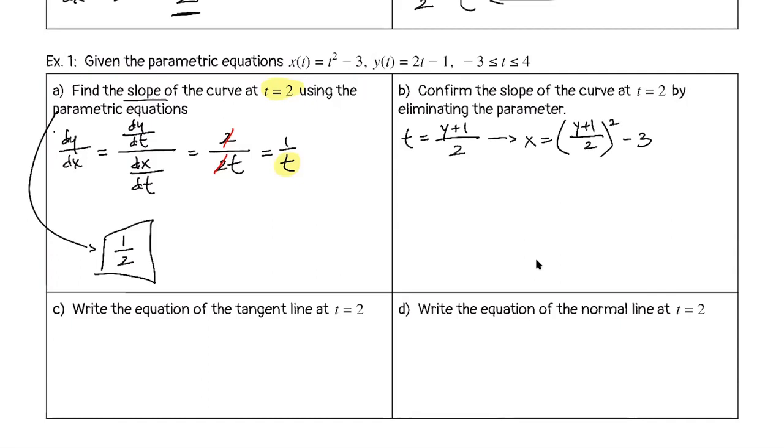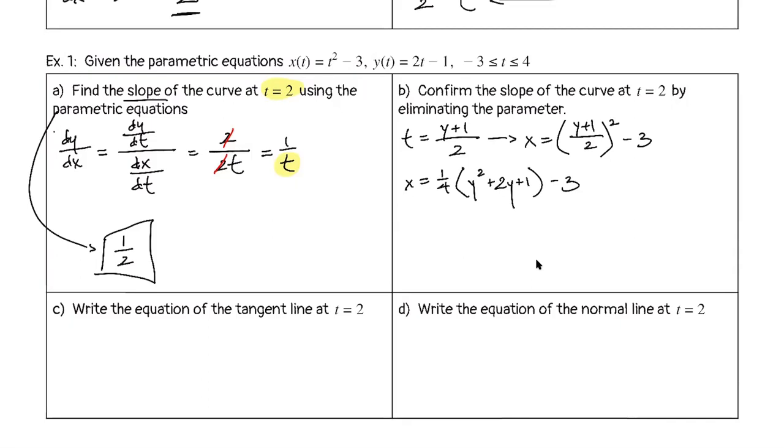Now, if I were to think about taking a derivative here, I'd probably want to simplify this a little bit so that when I take my derivative, it becomes a little bit easier to do, okay? So let's go ahead and just expand this out. This is going to be x equals 1/4 times (y squared plus 2y plus 1) minus 3. Okay.